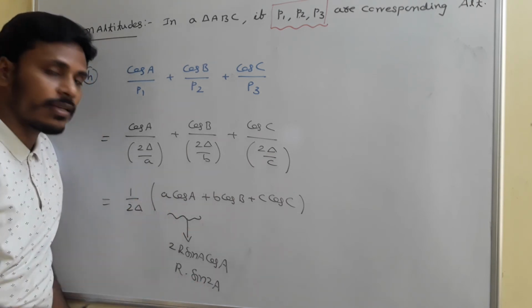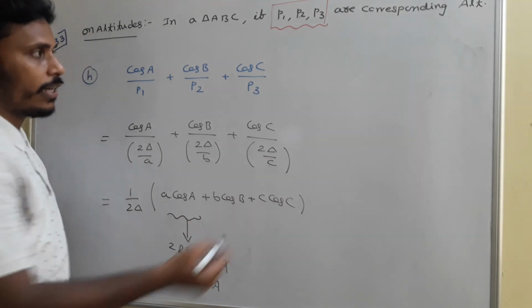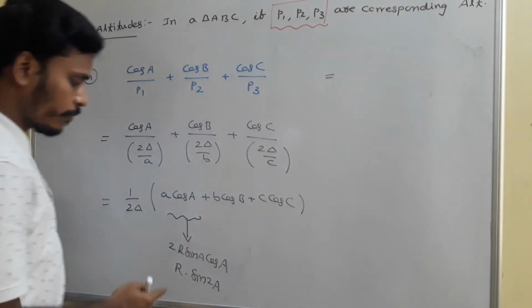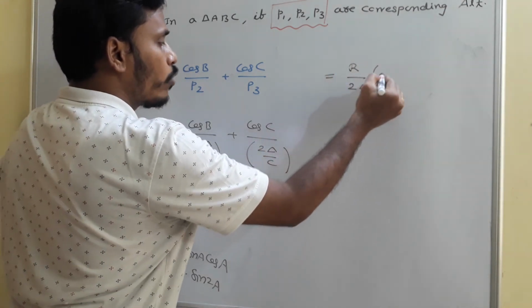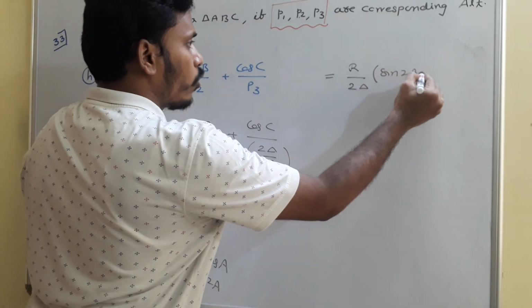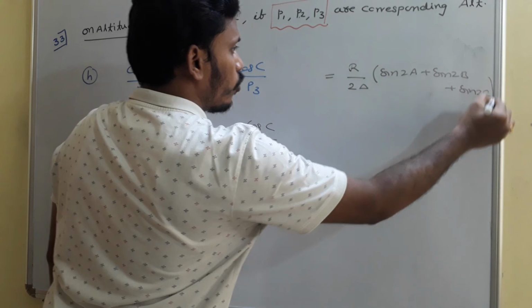So this A cos A is R sin 2A, B cos B is R sin 2B, and that is R sin 2C. So this is equal to, again there is a chance to common out that R by 2 delta times of sin 2A plus sin 2B plus sin 2C.